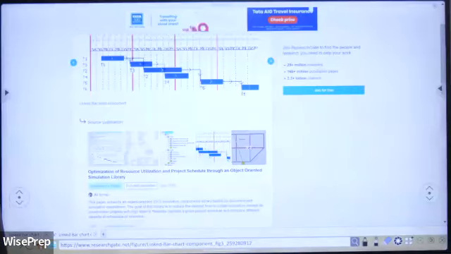In linked bar chart, interdependency of all the activities is shown.